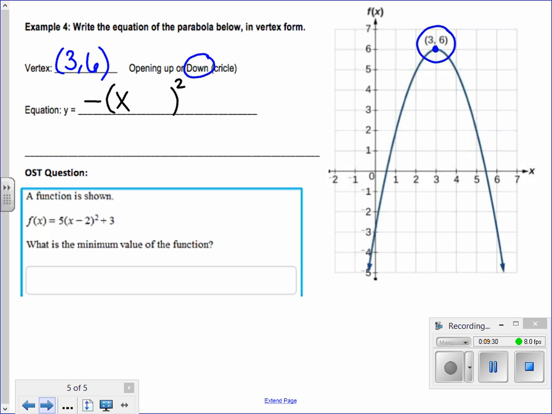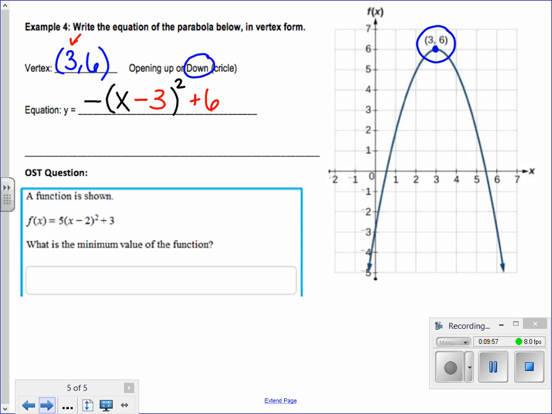The number that goes in the parentheses with the x is the x-coordinate of the vertex. But it has to be the opposite sign. So it's going to be x minus 3. And then the number outside is the y-coordinate of the vertex. So the equation of this parabola is negative (x minus 3) squared plus 6.